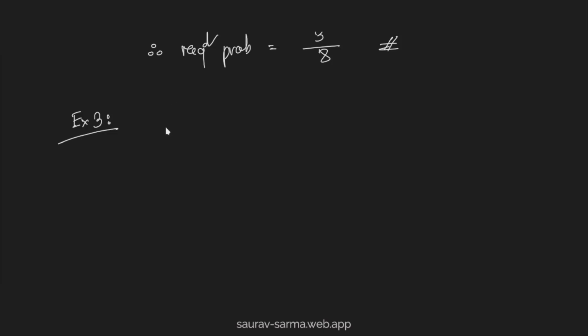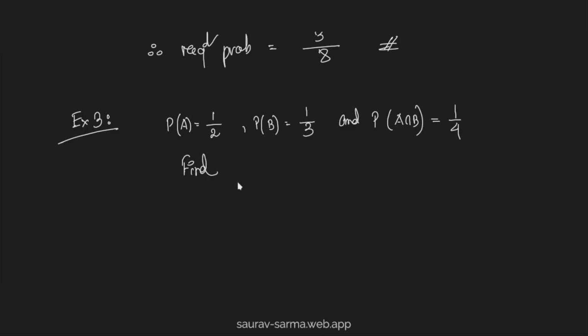Example 3 dia ase. Probability of A is half, probability of B is 1/3 and probability of A intersection B is equal to 1/4 dia ase.